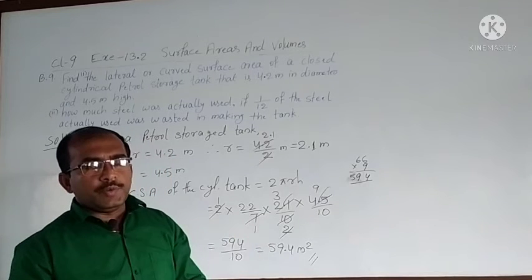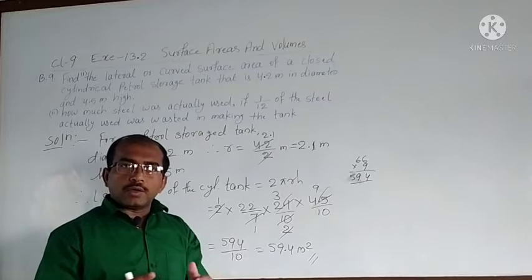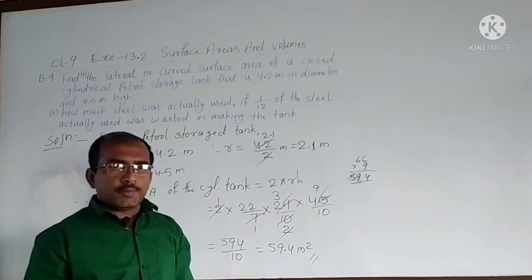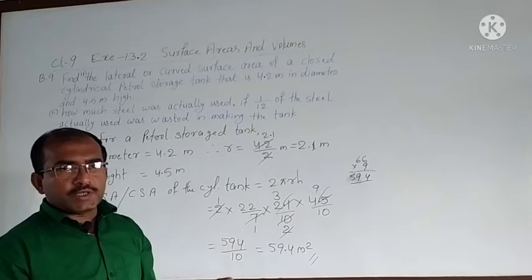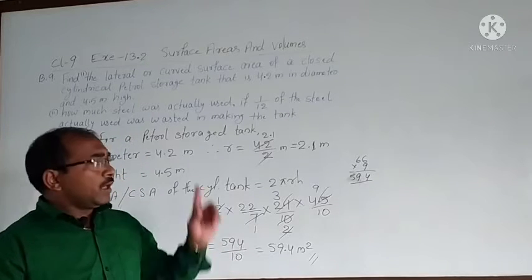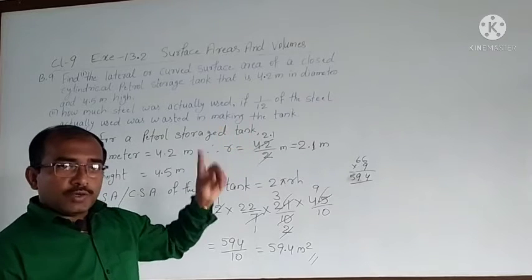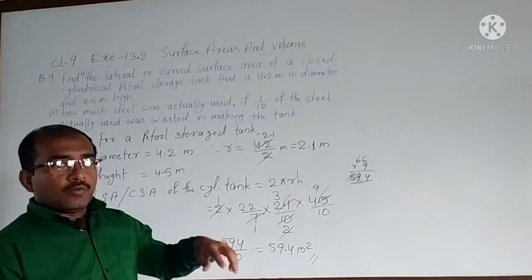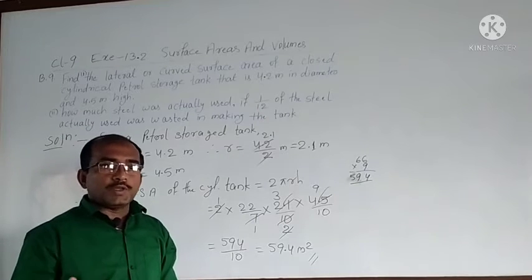No, some will be wasted, maybe in folding, overlapping, cutting and giving the shape. Whatever material we use, plastic or steel or wood, some will be wasted. That is what is mentioned here: 1/12 of the steel was wasted.